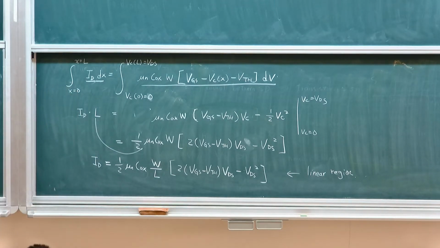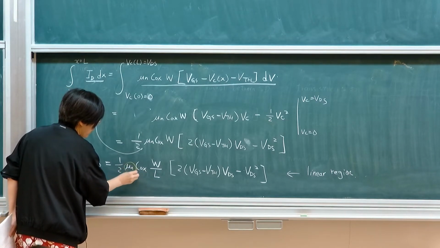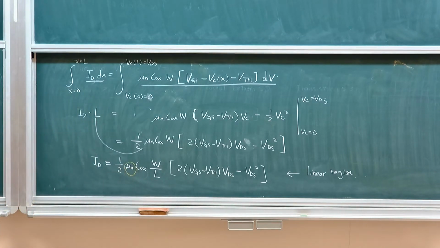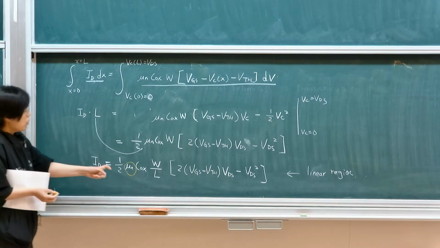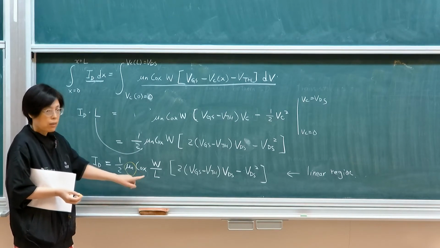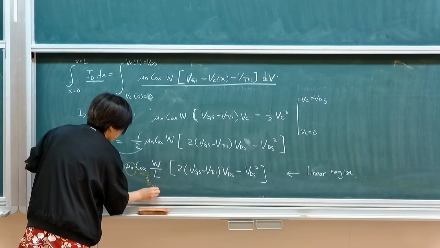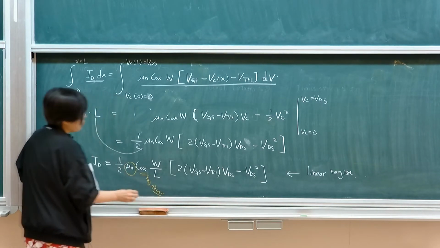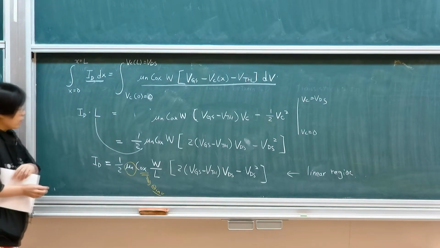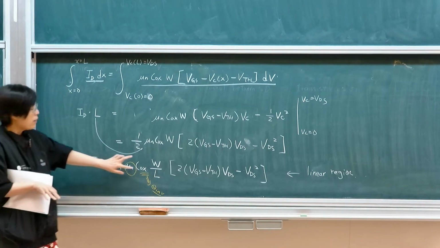So once again, this will highlight how fast the carriers move. It's a drift-dependent current. Therefore, it will be highly dependent on the mobility of the carrier. And Cox will indicate the amount of charge that can be induced. And this is actually the device structure: the width of your transistor and the distance it has to travel.